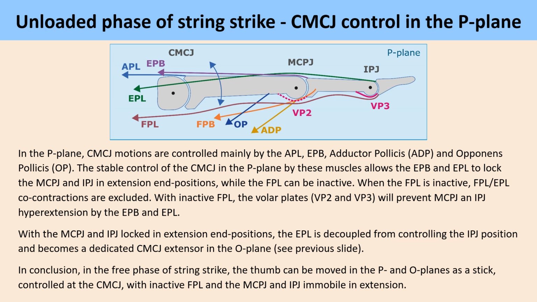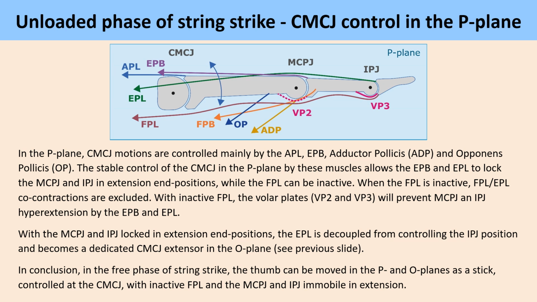With inactive FPL, the volar plates will prevent MCP and IP joint hyperextension by the extensor pollicis brevis and extensor pollicis longus. With the MCP and IP joints locked in extension end positions, the extensor pollicis longus is decoupled from controlling the IP joint position and becomes a dedicated CMC joint extensor in the O-plane.